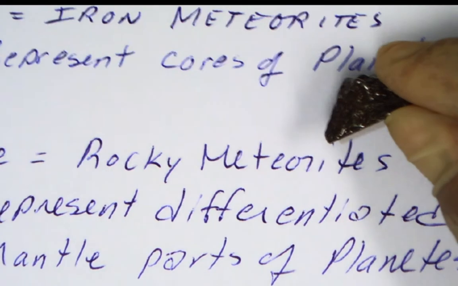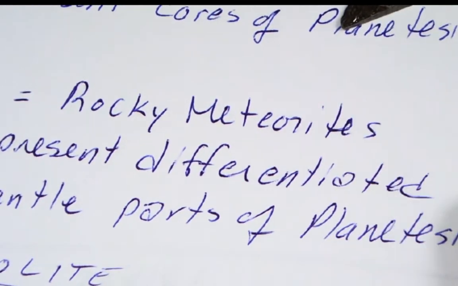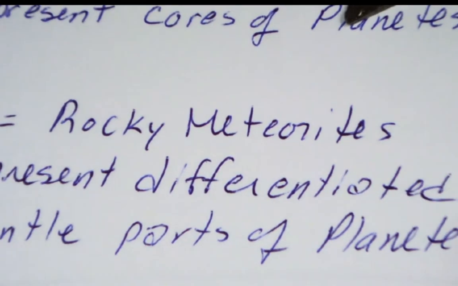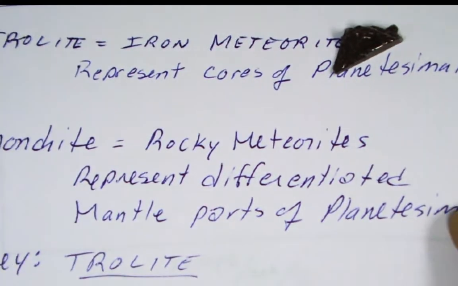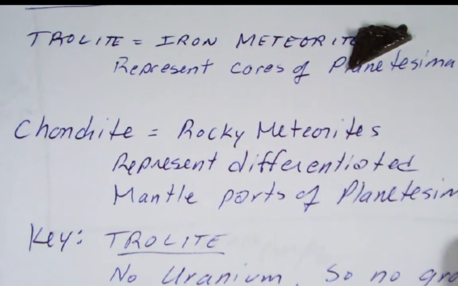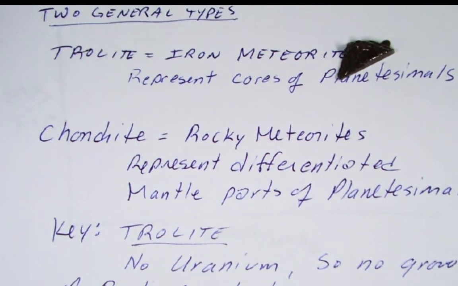The next type I'll show is called the chondrite. Chondrites are more like rocky material, representing differentiated parts of the planet, like the lower mantle or middle mantle, or maybe even some of the crustal areas.